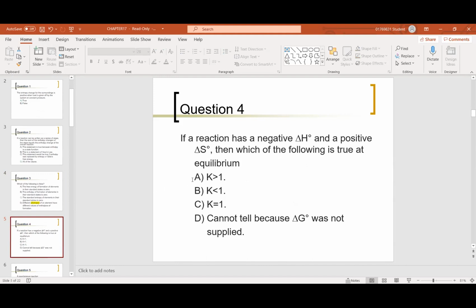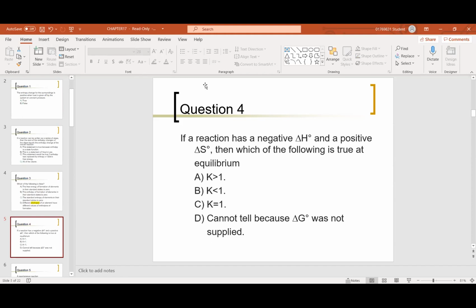So if it's spontaneous, that means there's an excess of energy. What does that mean for K? It's also spontaneous. Yeah, I know, but I'm trying to figure out what K's value is. Is it greater or less than 1?